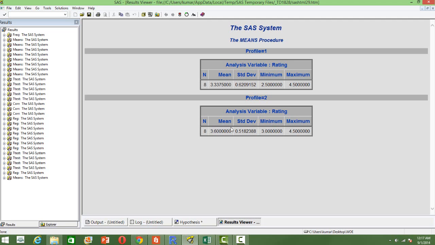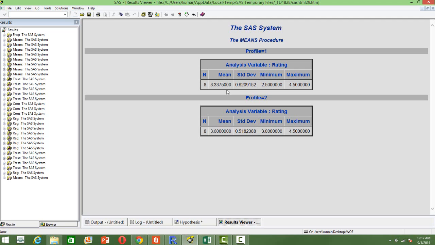But at least by looking at the output from the proc means, we can come up with even more hypotheses. For example, we can also think of finding out whether the average performance of profile 2 is greater than the average performance of profile 1. So that could be one hypothesis.